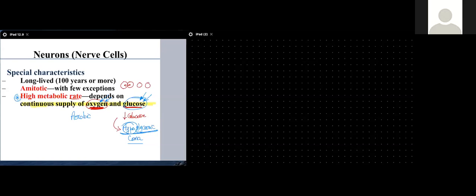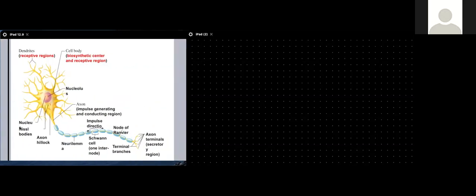If you remember, the one that takes place in the presence of oxygen yields much more ATP, 32 to 36 ATPs, compared to anaerobic glycolysis, which yields only 2 ATPs. Easy. Questions? Any questions?